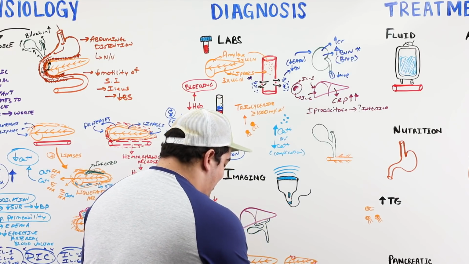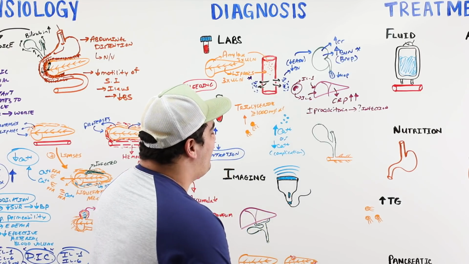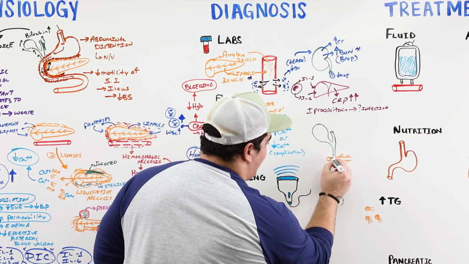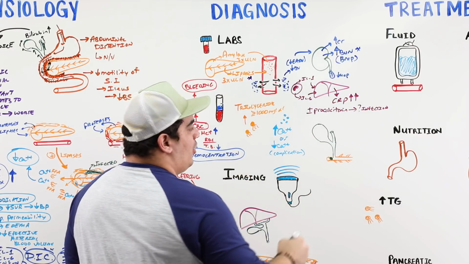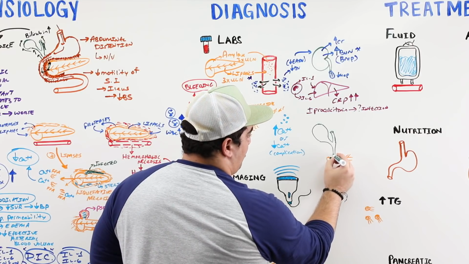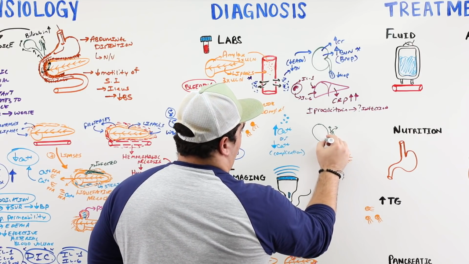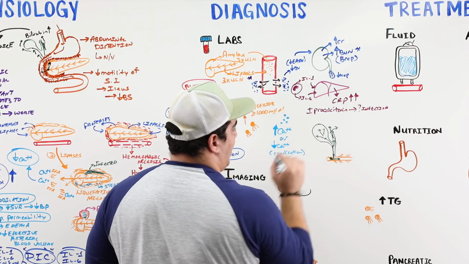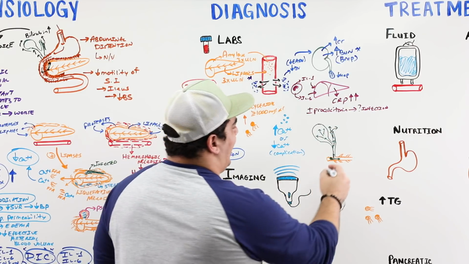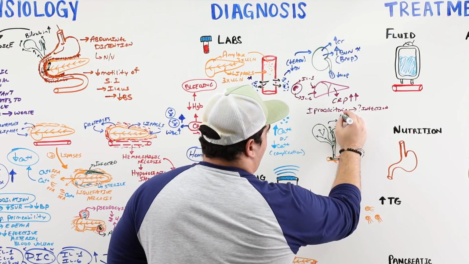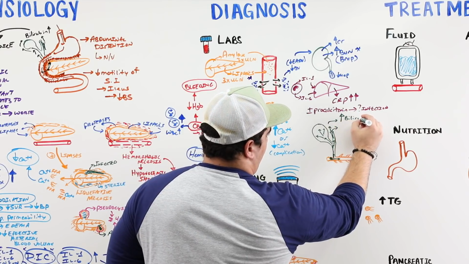The next thing that I want you guys to remember is, what if a patient's cause was a gallstone, right? They have a gallstone that's stuck at that hepatopancreatic ampulla, right? We know that that could cause the pancreatitis, but we know that some of that other stuff can back up into the liver. It can back up into the gallbladder, all right? And what are some of the things that can actually back up? Well, we know that they can have an increase in bilirubin.